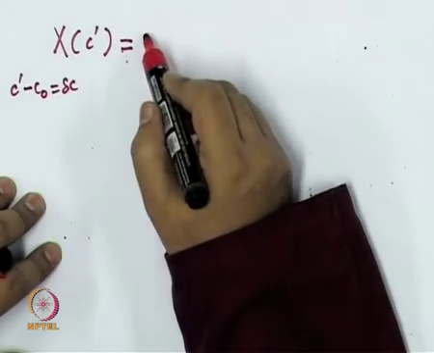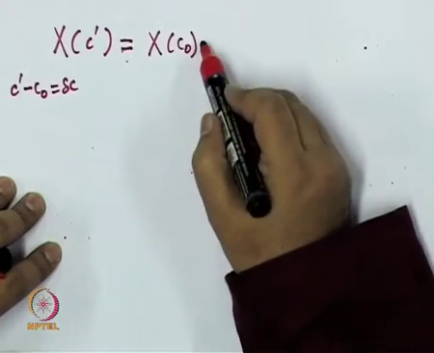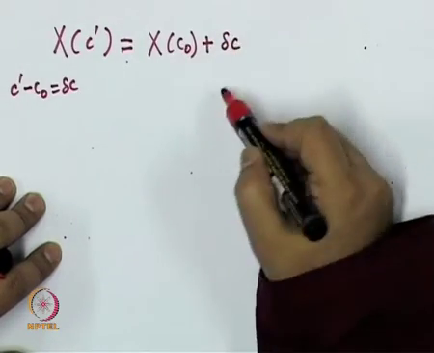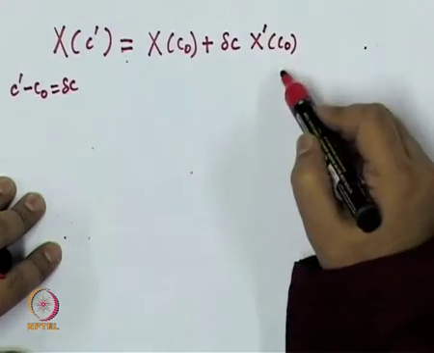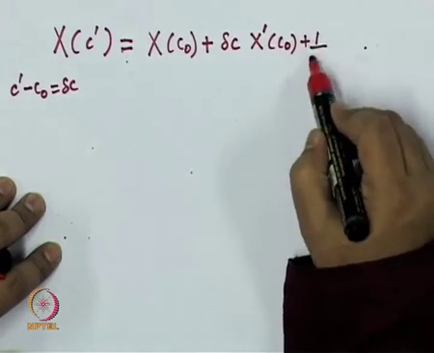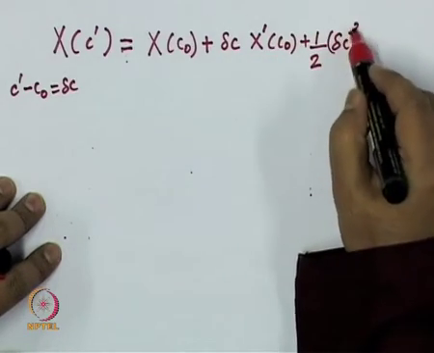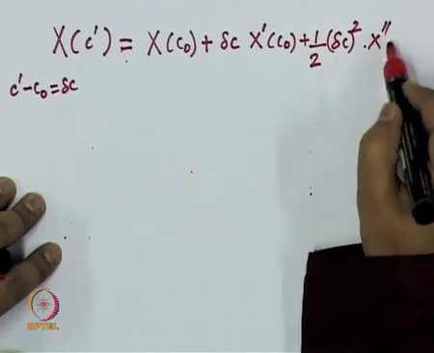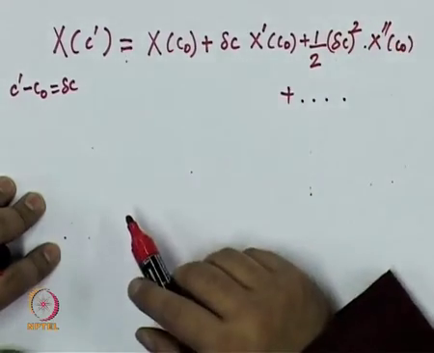What does the Taylor series expansion give me? It will give me x of C naught plus delta C times x prime at C naught plus 1 by 2 factorial, that is 2, delta C squared x double prime C naught plus and so on.